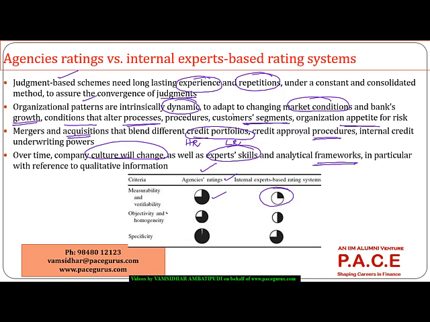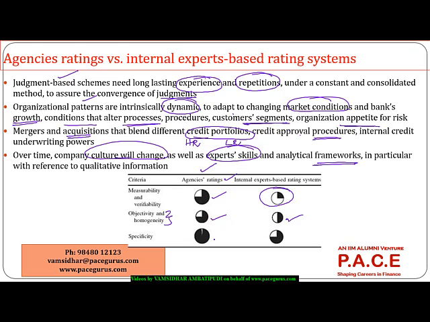The same logic applies when I talk in terms of objectivity and homogeneity. The ratings given by the rating agencies are more objective because they consider a wide variety of business parameters as well as financial parameters. So there is a good amount of objectivity in the agency's rating, whereas there is a possibility of bias in the expert-based rating system.